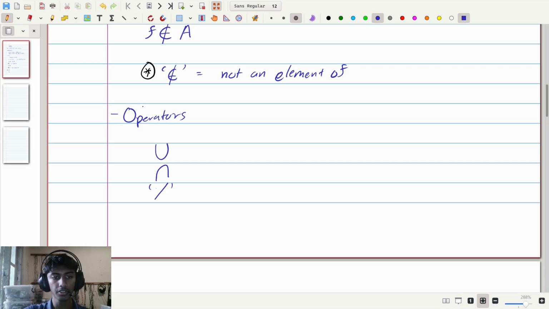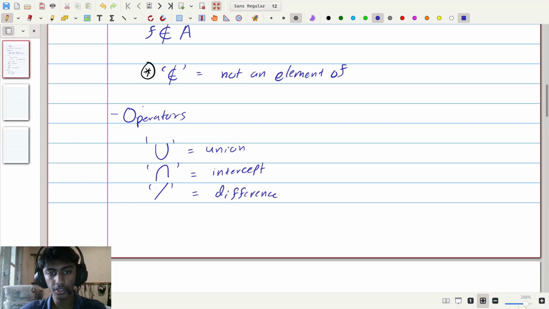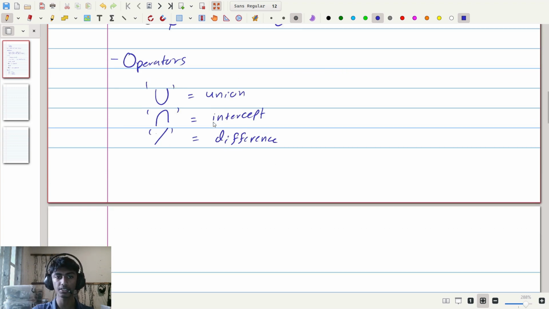These 3 operators are commonly used in sets. The first operator is the union operator. The second operator is the intersect operator. And the third symbol is the difference operator. These 3 have special properties and special behaviors that we need to understand when we talk about sets.